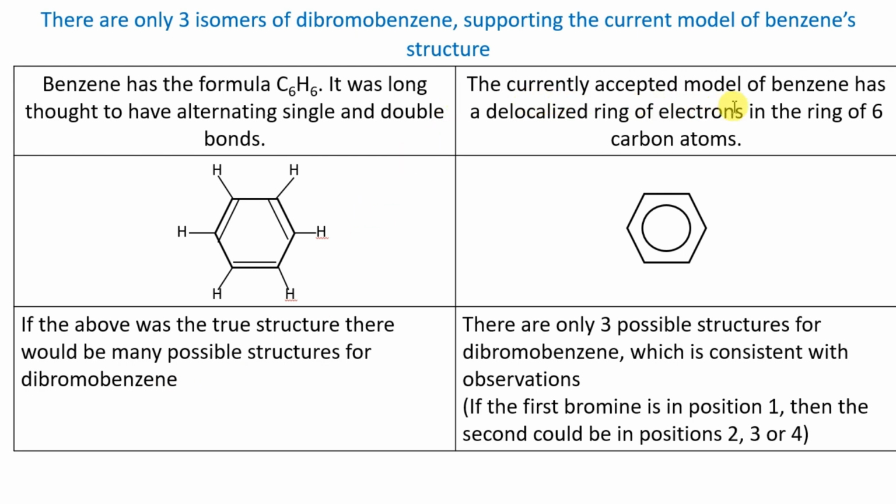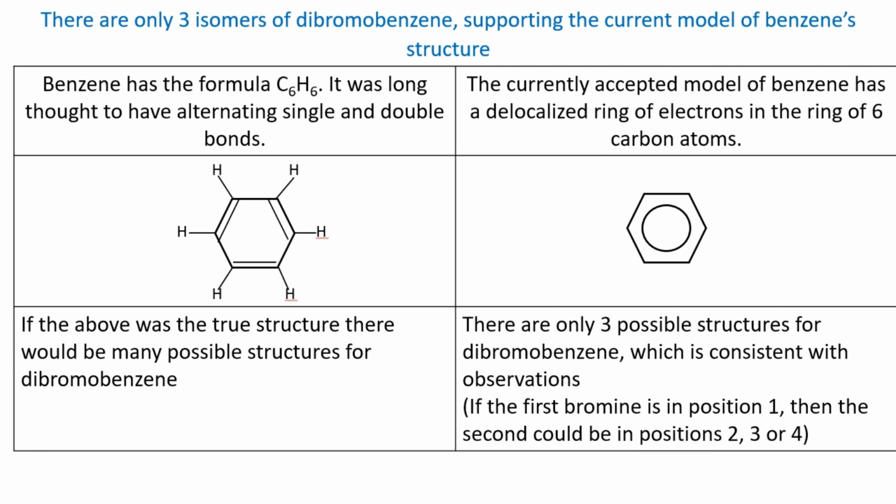The currently accepted model of benzene has a delocalized ring of electrons in the ring of 6 carbon atoms. Here, there are only 3 possible structures for dibromobenzene, which is consistent with observations, favoring the structure with the delocalized ring. Just to say, if the first bromine was in position 1, then the second could be in positions 2, 3, or 4.